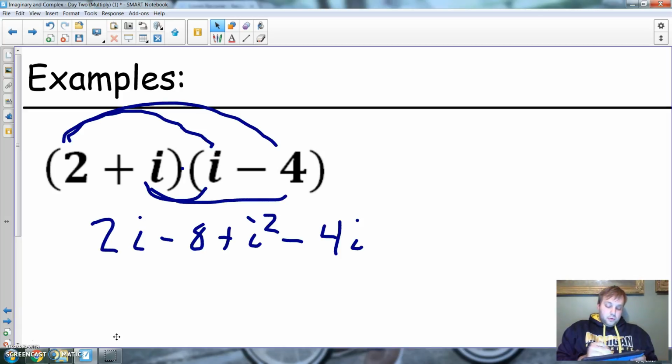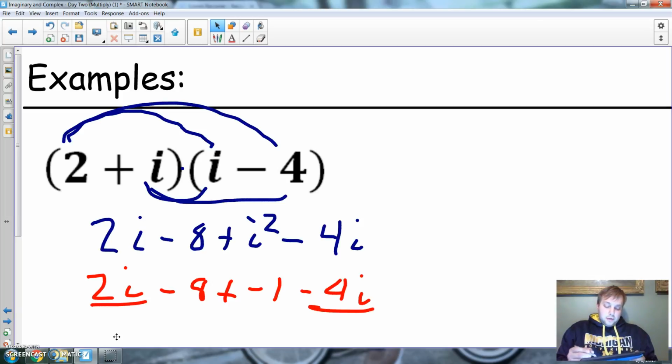So I'm going to rewrite it: 2i minus 8 plus a -1 minus 4i. Now I'm going to combine the ones that are alike, which is 2i and -4i. That's -2i. And then I have -8 plus a -1, and that should be a -9.